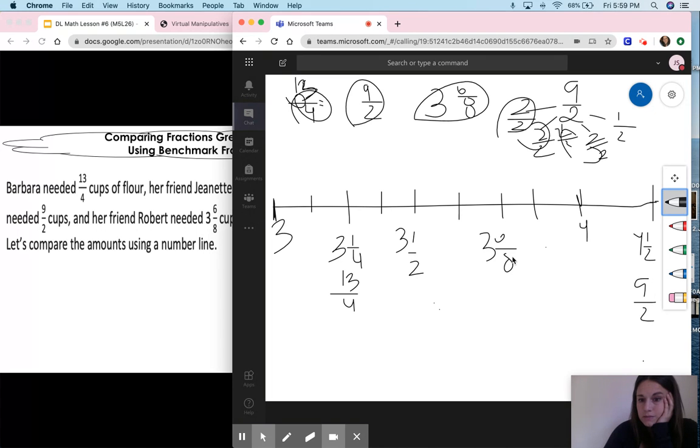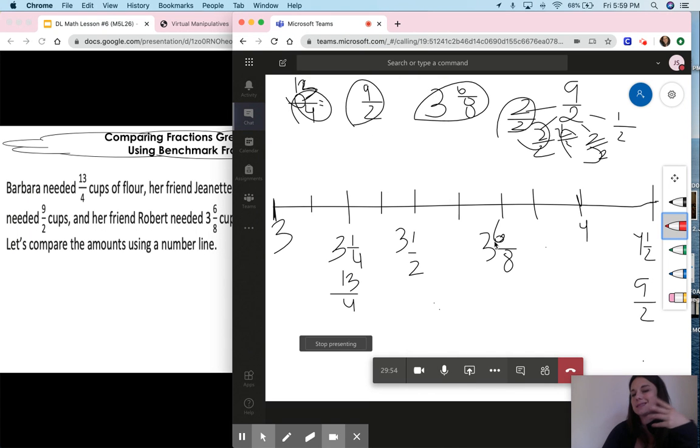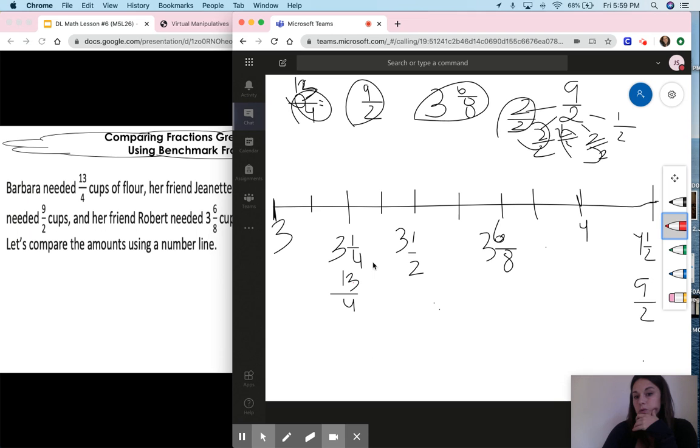So let's go back to the beginning of our problem because now we have all 3 numbers here on the number line. Our problem asked us to compare those amounts. And I added on, which one has the least amount of flour? Which one is the lowest on the number line? Nice. Yep, 13/4. Barbara's brownies has the least amount of flour because that's the same as 3 1/4.